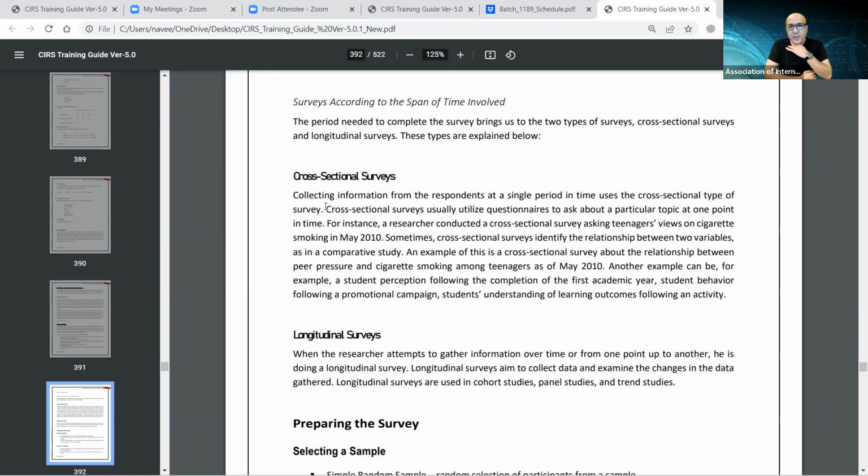But longitudinal surveys are over time, which means it is a survey that wouldn't end in one go because the event is evolving, the situation is changing. So it is a kind of survey which is segmented, and it is going to evolve or change with the progression of the event or situation.